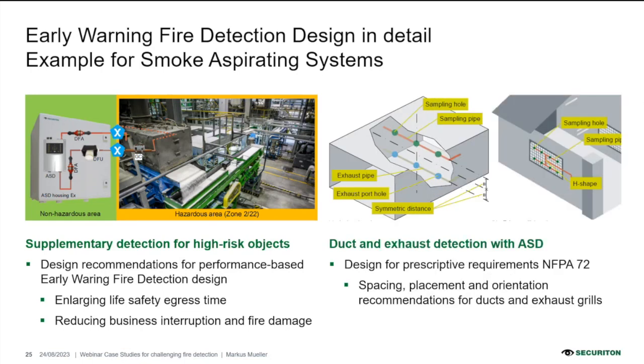We also focus on dust and exhaust detection with ASD, designing for prescriptive requirements on the basis of NFPA 72 when it comes to the spacing, the placement, the orientation of sampling holes, but also how far away the pipe should be installed from the next bend of the duct, and so forth for ducts and exhaust grills.